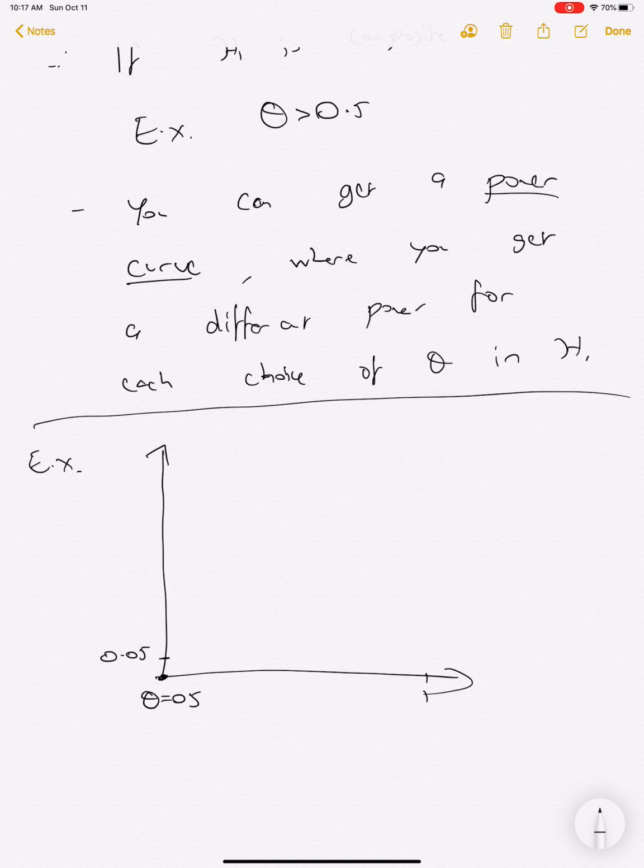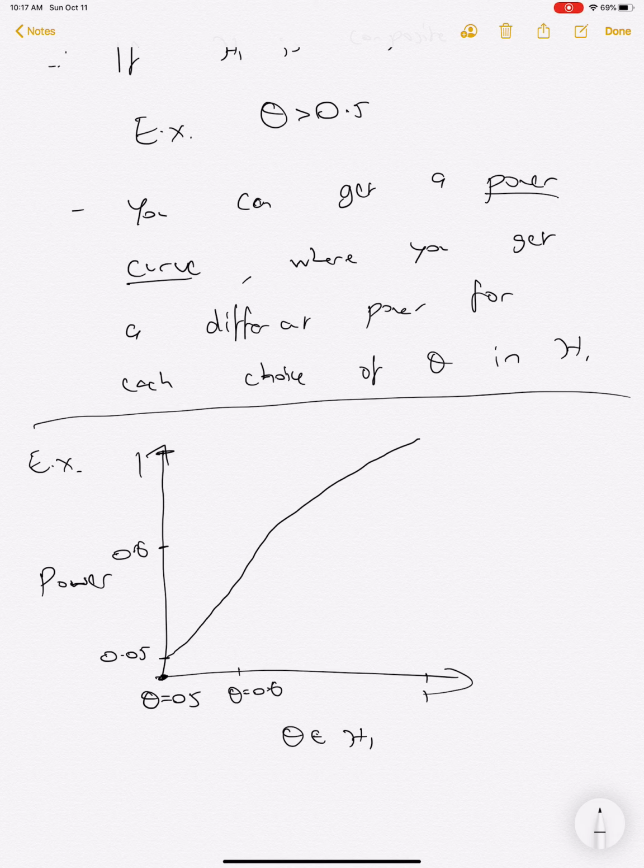We know that for theta equals 0.6, we get a much higher power of roughly 0.6 here. And then it'll go up like this and then flatten out. So this is your theta in your alternative hypothesis, and this is your power. This is typically how a power curve might look.